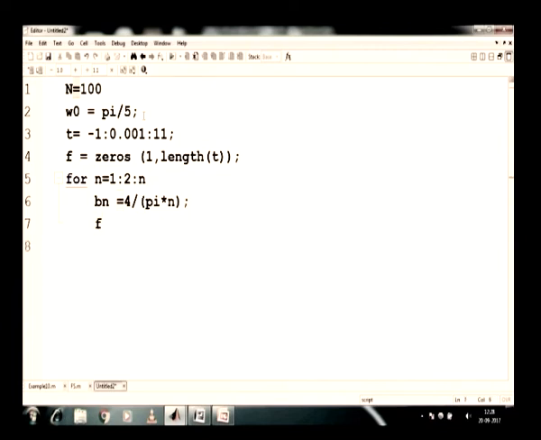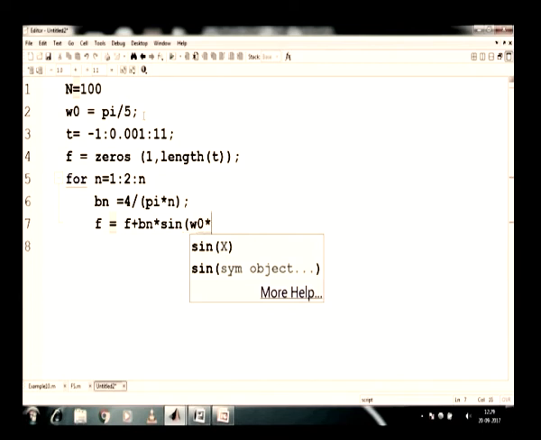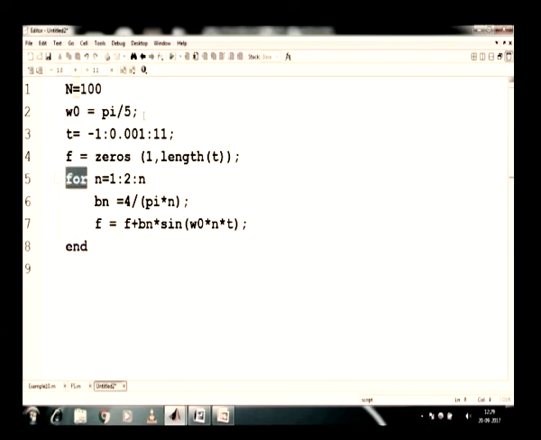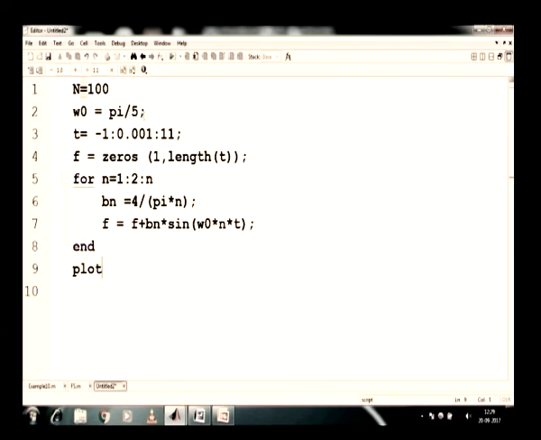Then f equal to f plus Bn multiplied with sine of omega naught into n into t. Then end, then plot t comma f.